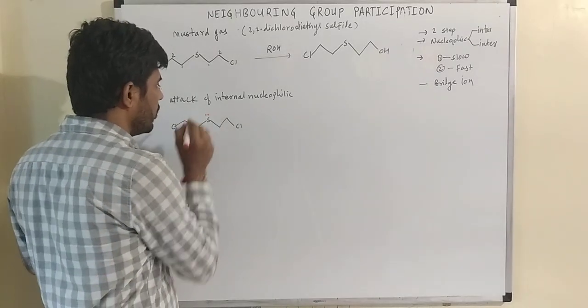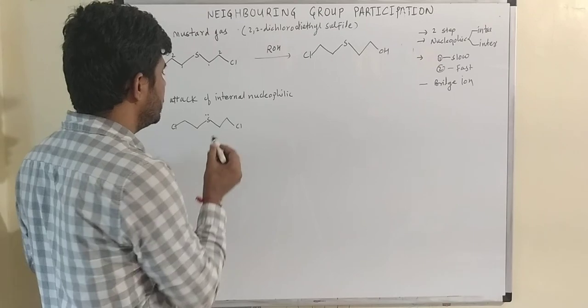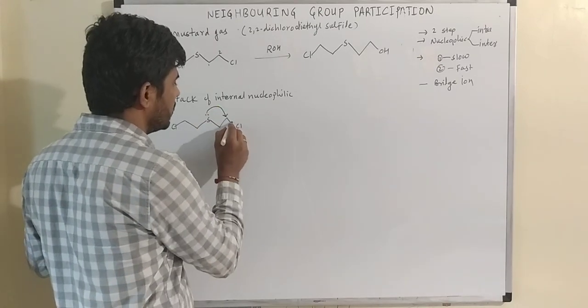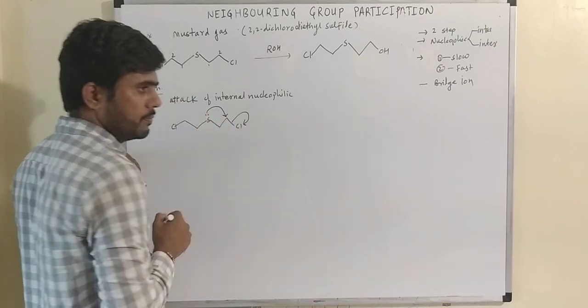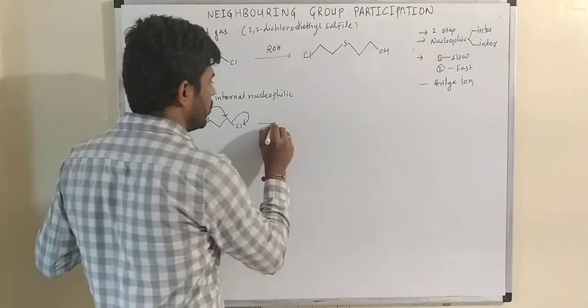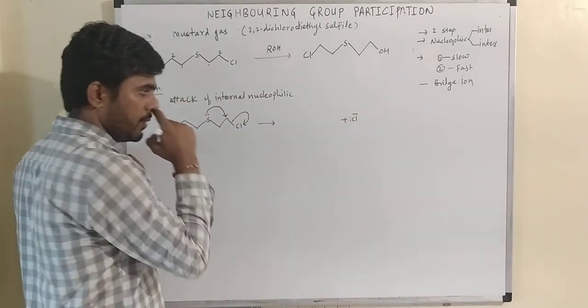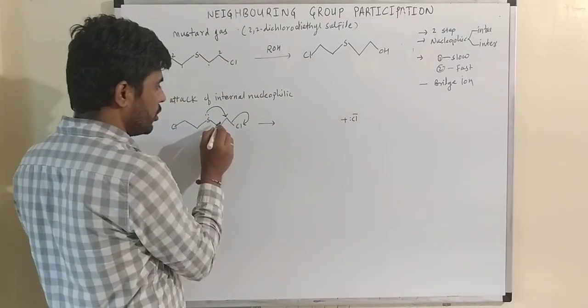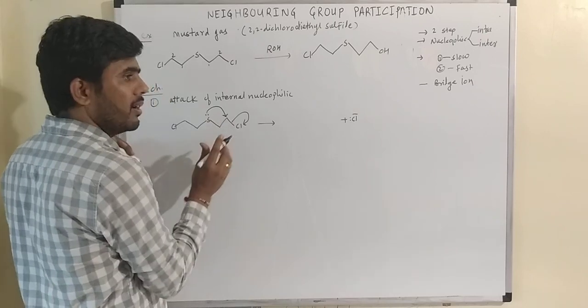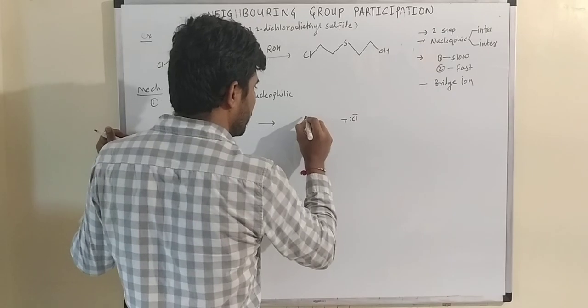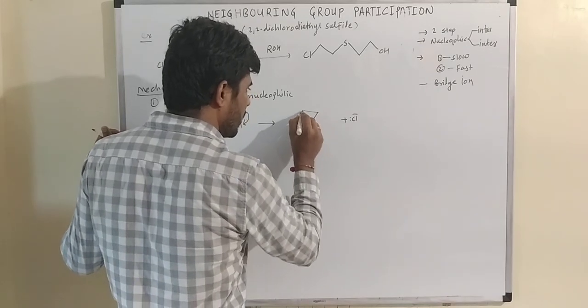Now the lone pair of electrons on the sulfur atom will easily attack this reaction center and it departs the leaving group with the pair of electrons. So the leaving group is here, right? And this molecule forms a bridge ion. This is 1, 2, 3, a 3-member cyclic ring formation is there.